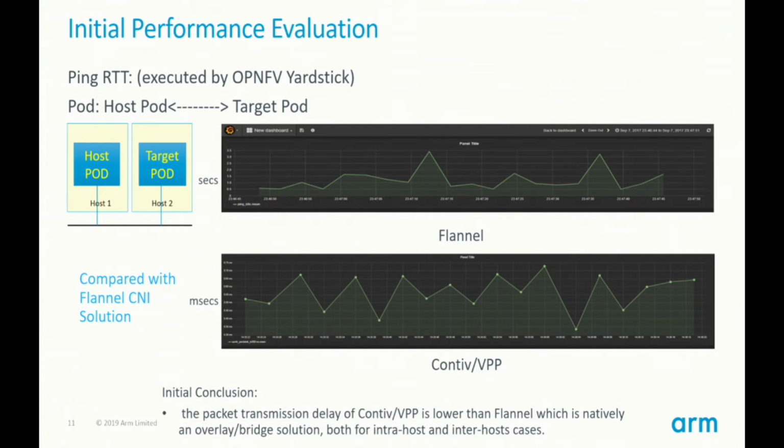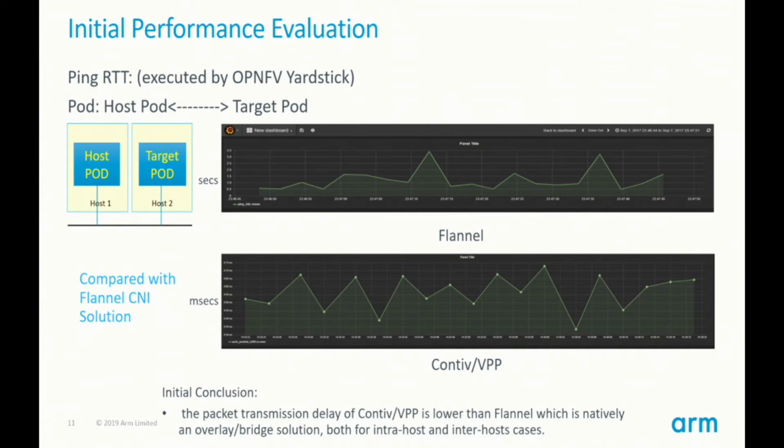So it has a very large ping RTT, at the seconds level. But for Contiv VPP, the communication between pods on two hosts is via DPDK, so the ping RTT is greatly shortened, to the microseconds level.